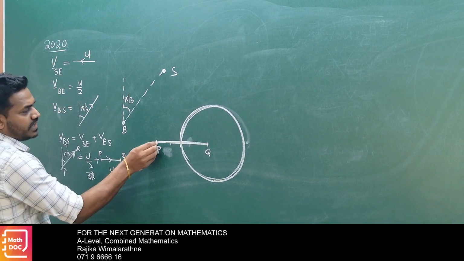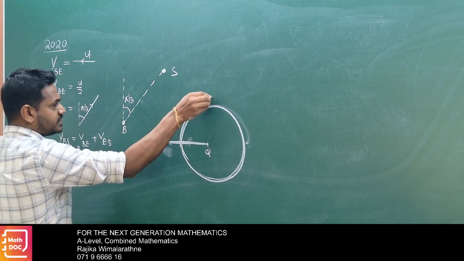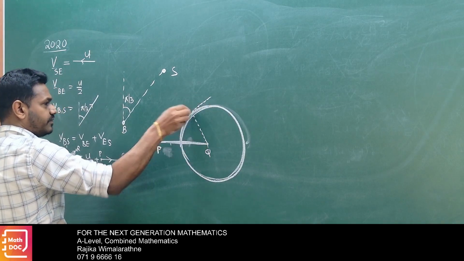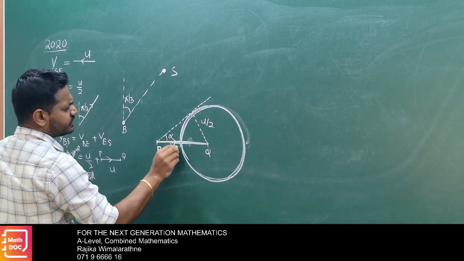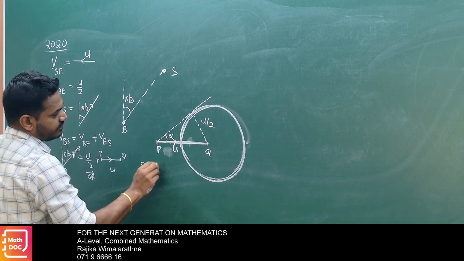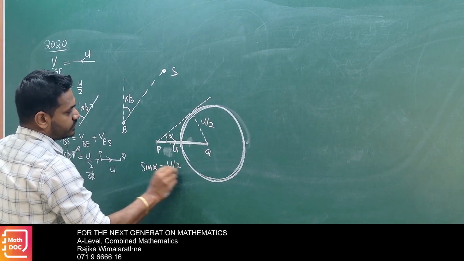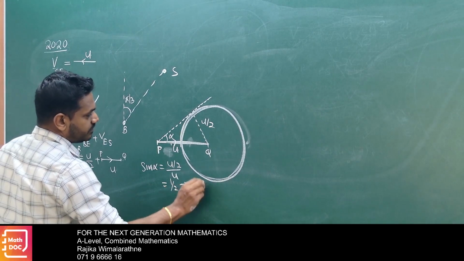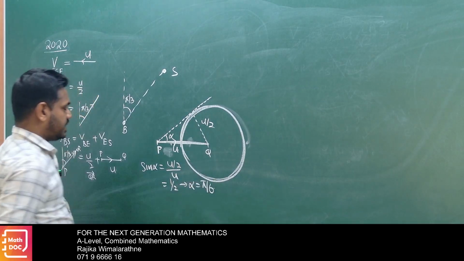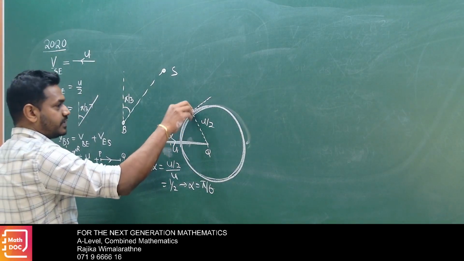Now first you find this tangential line inclination. This is u by 2 now. Take this angle alpha, here this is u. Then sin alpha is u by 2 over u, it is half. Then alpha is pi by 6.